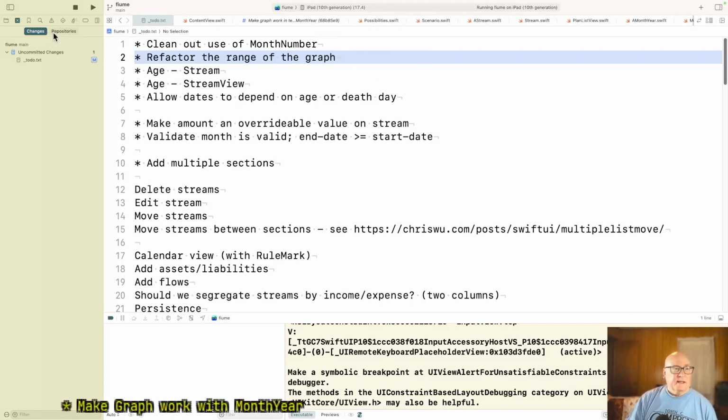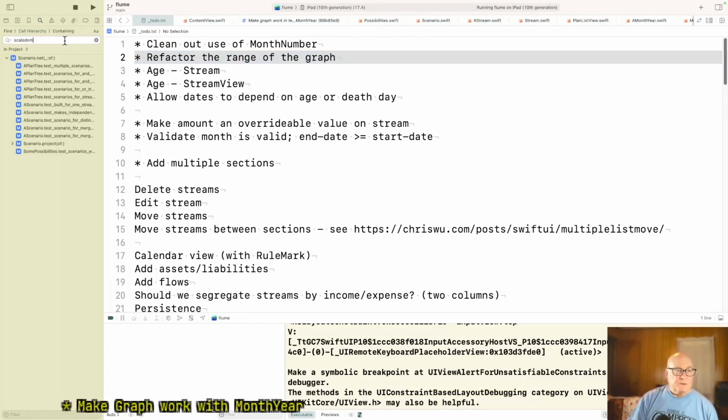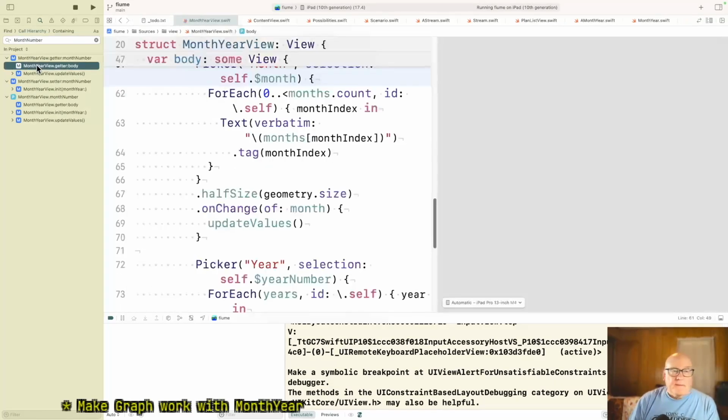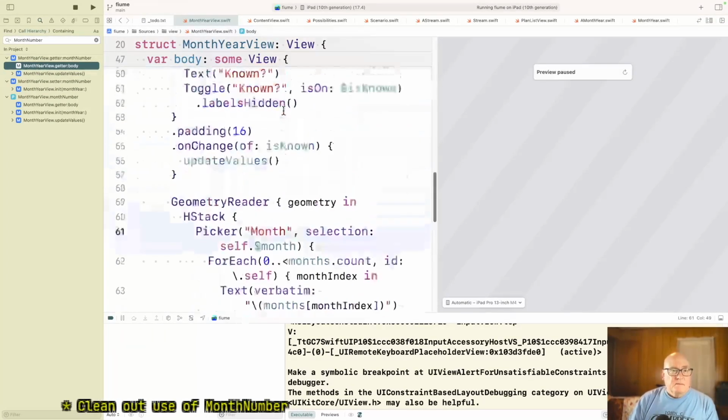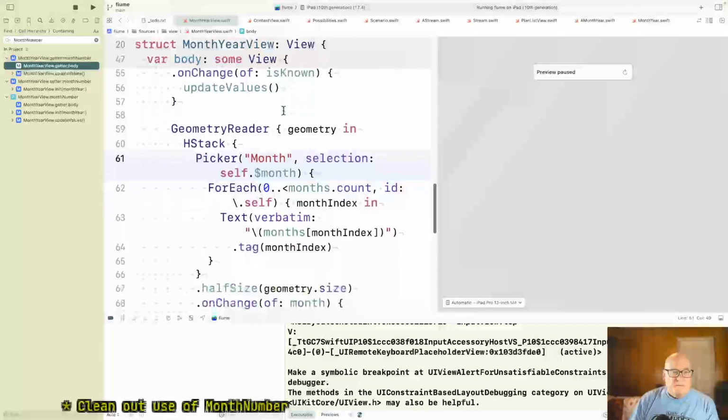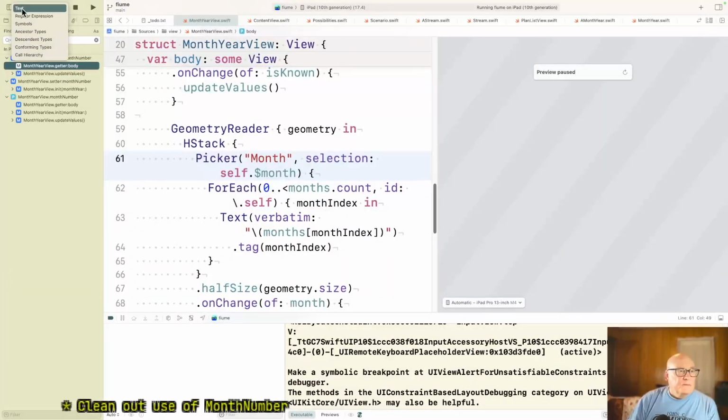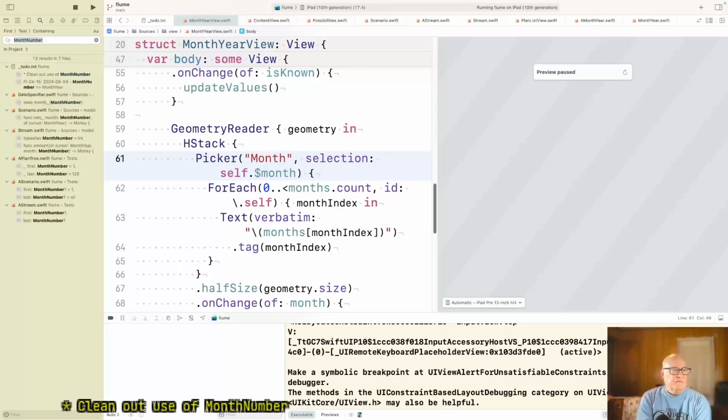Okay, so I guess we could just look for month number. There's probably a few things that still use it or reference it. Oops. I mean, certainly there's a type. I wish when I switched my selection type, it updated.